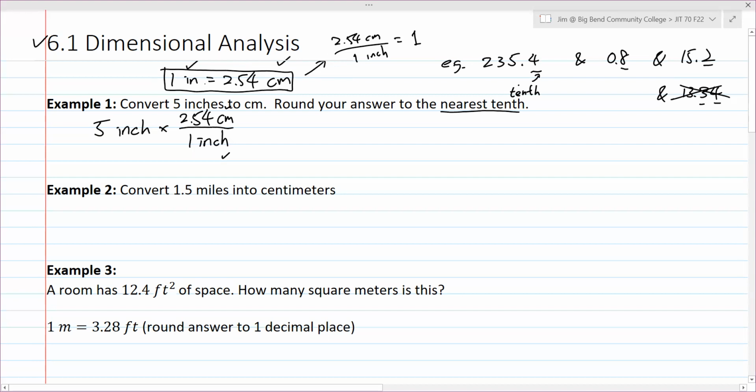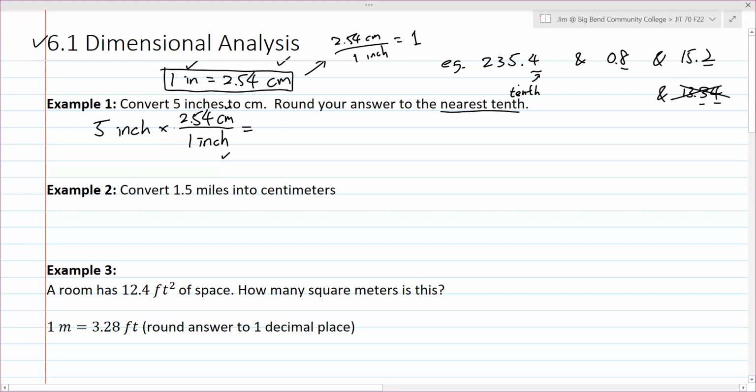It's just dividing both sides of the equation by 1 inch. So if you multiply 5 inches by 1, it doesn't alter the answer itself. It only alters the unit with different dimensions. That is why we convert a unit in this way.